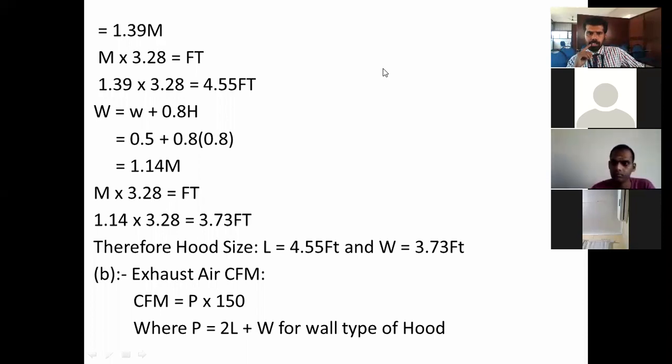Yeah, Vinu also got correct. 1924 point something you got, right? Give it as 1925. Yeah, 1924.5. Right, its unit also, okay, CFM.